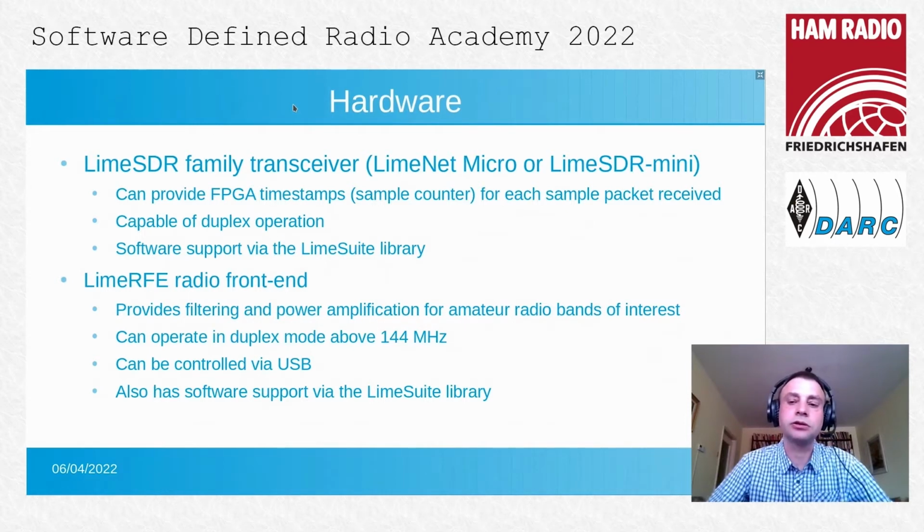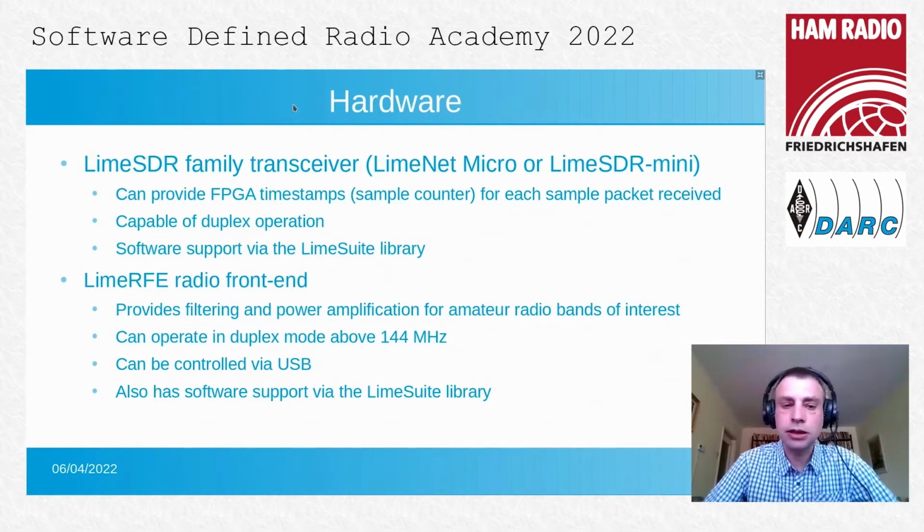So we can convert to seconds and fractional seconds since the start of the receiver. The LimeSDR is capable of duplex operations, so we can set up our duplex base station. And it has software support via the LimeSuite library.